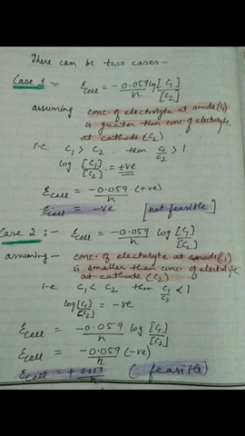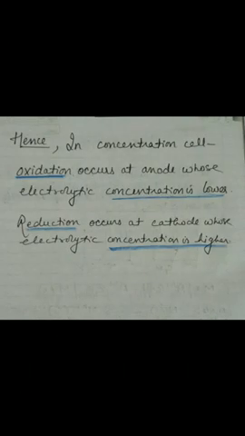Then only the reaction is going to be feasible. Hence, we can conclude that in a concentration cell, oxidation occurs at the anode whose electrolytic concentration is lower, and reduction occurs at the cathode whose electrolytic concentration is higher.